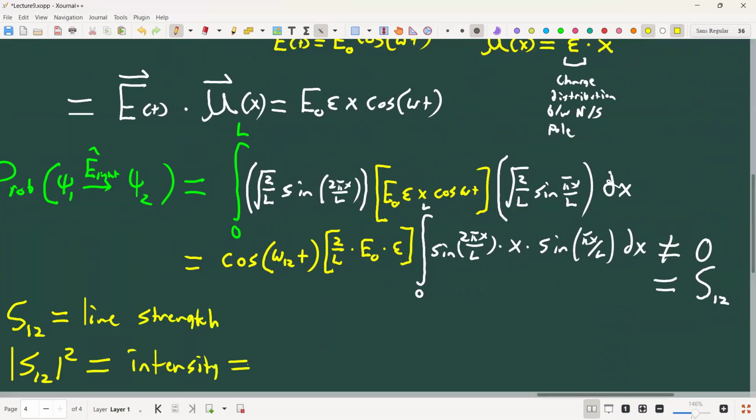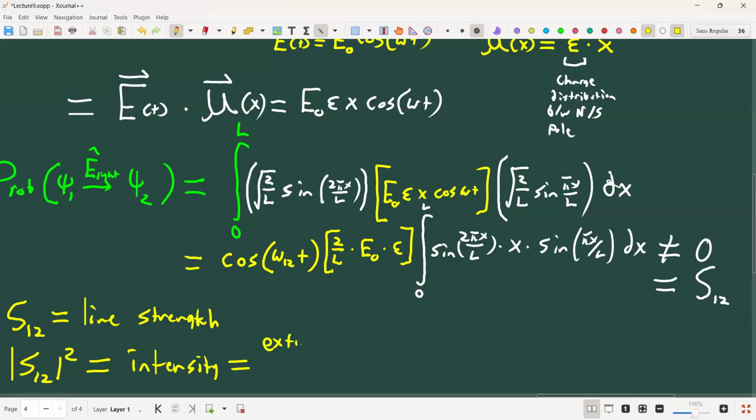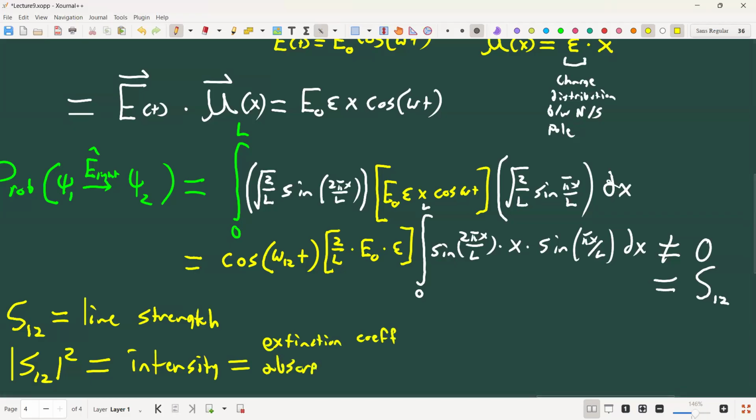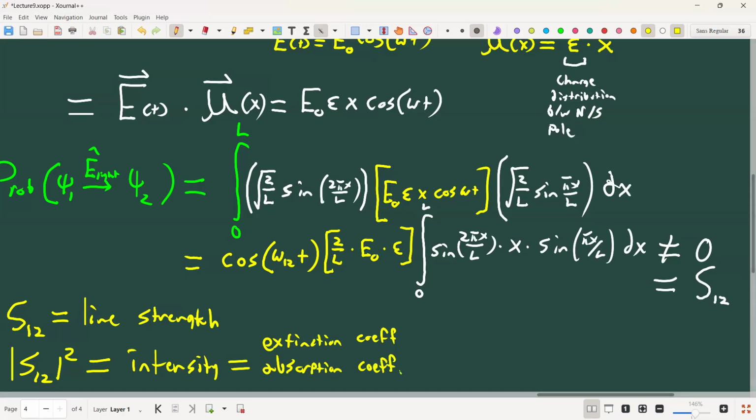Another term, and this is what an analytical chemist may call it, sometimes it's called an extinction coefficient or an absorption coefficient. So this integral, remember in Beer's law, analytical or instrumental, Beer's law tells you how much your sample absorbs, and it's roughly path length times the absorption coefficient.